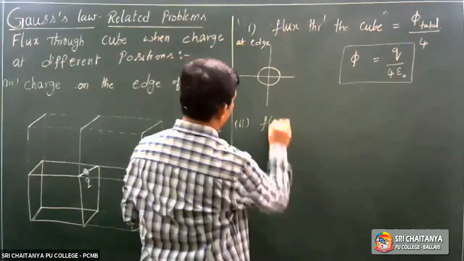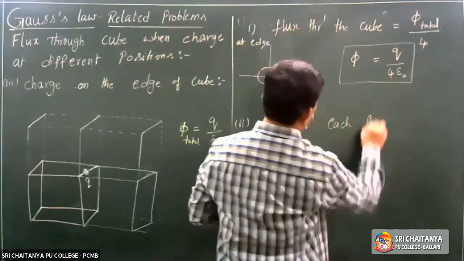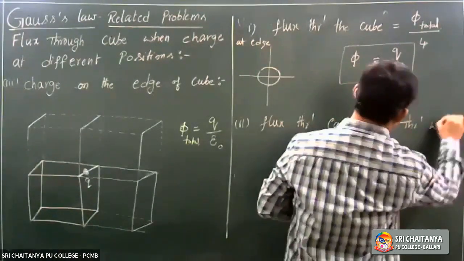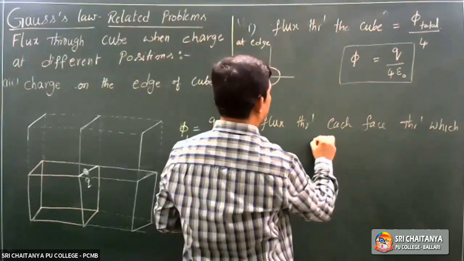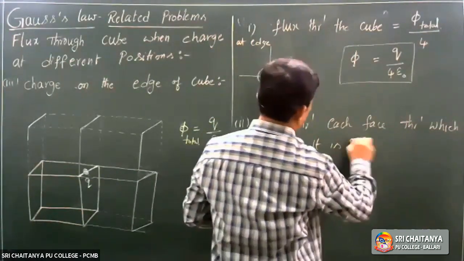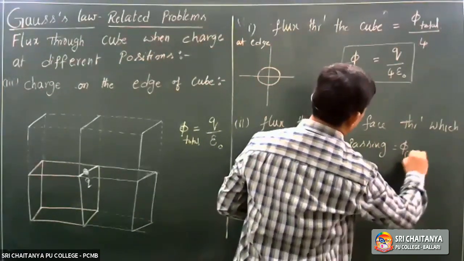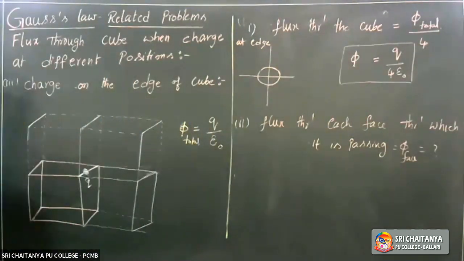And the second question on the same. Flux through each face through which it is passing. Flux through face is how much? Now your imagination is required.